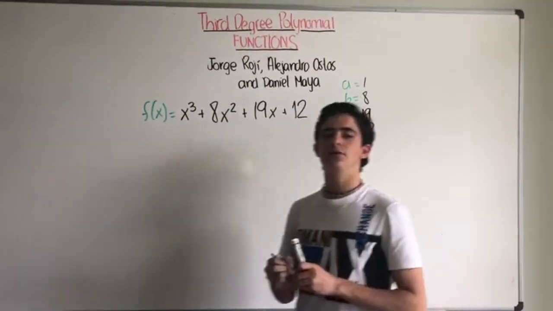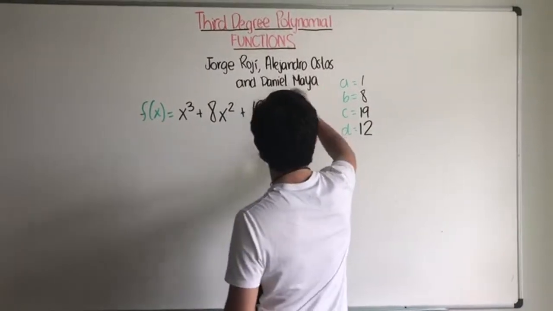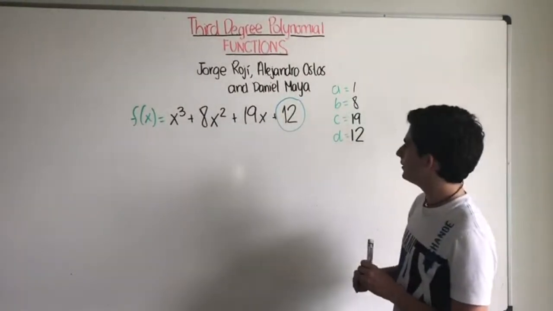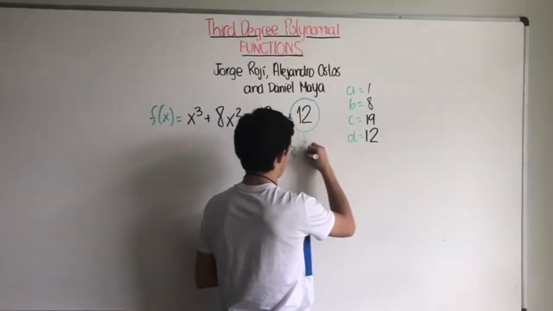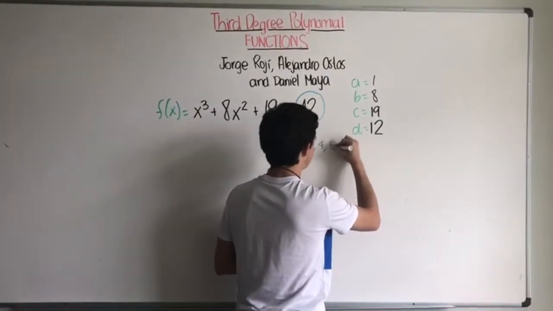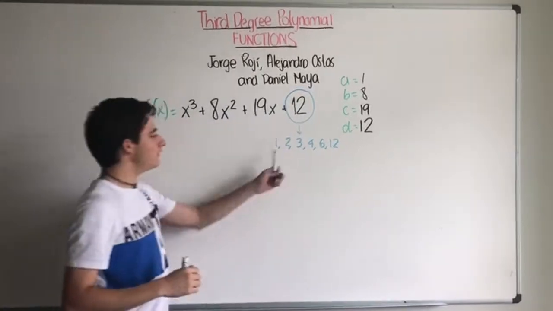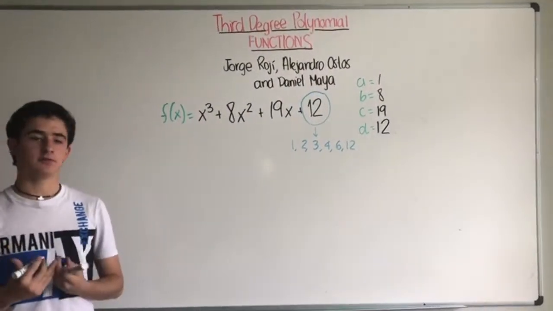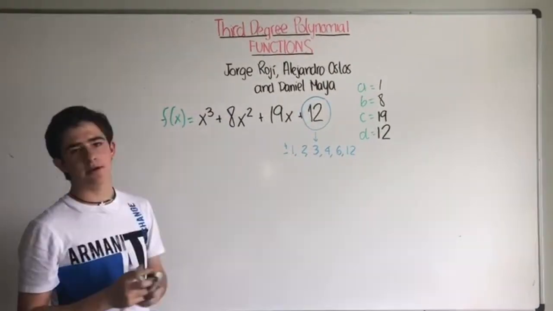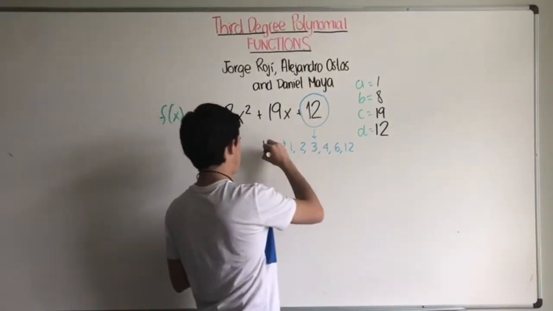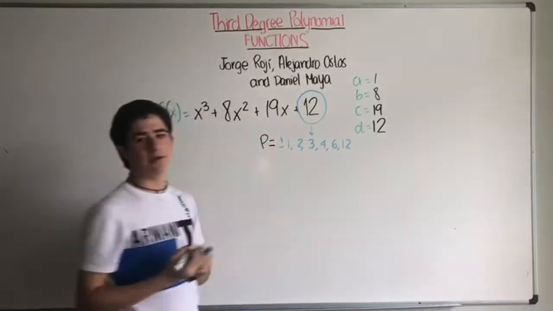First you need to get the factors of d, which is the last number. So 12 can be divided by 1, 2, 3, 4, 6, and 12, and all of these values are going to be plus and minus. These values are going to be called p. Then you need to get q.